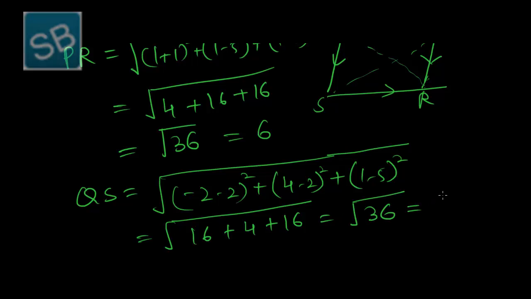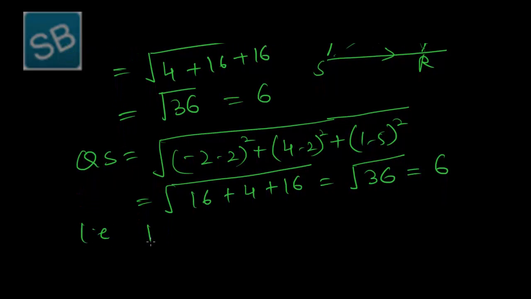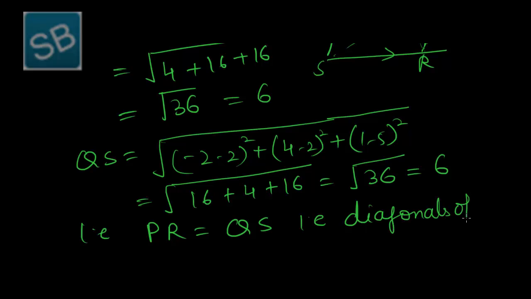That gives positive value of 6. That is, PR length is equal to QS, that is, diagonals of equal length.